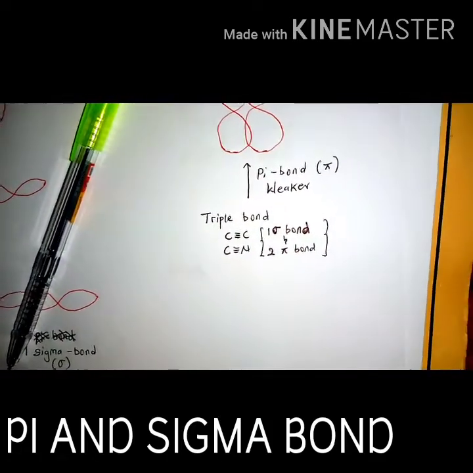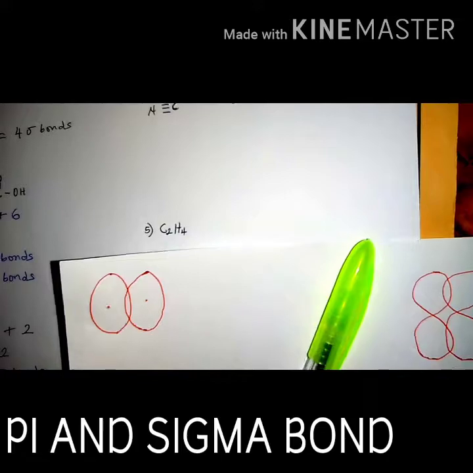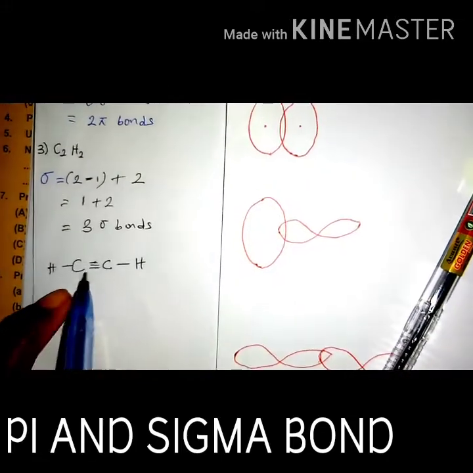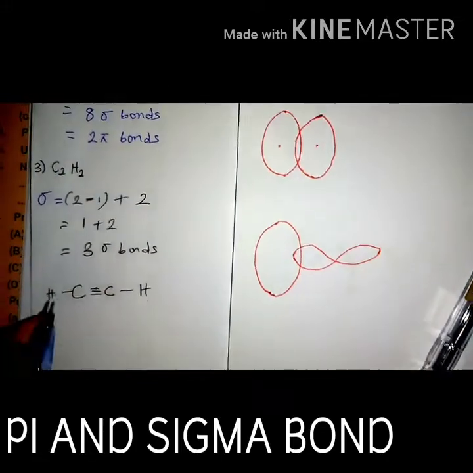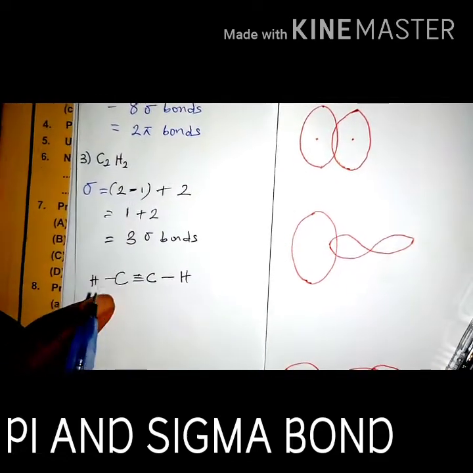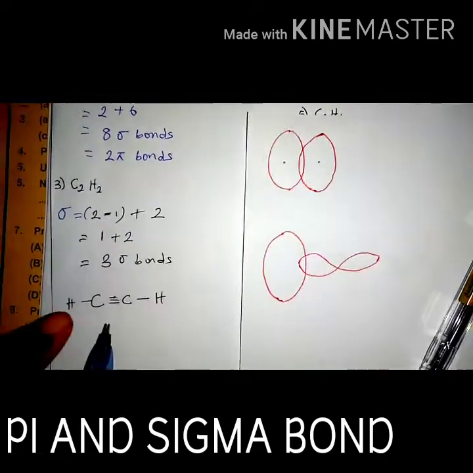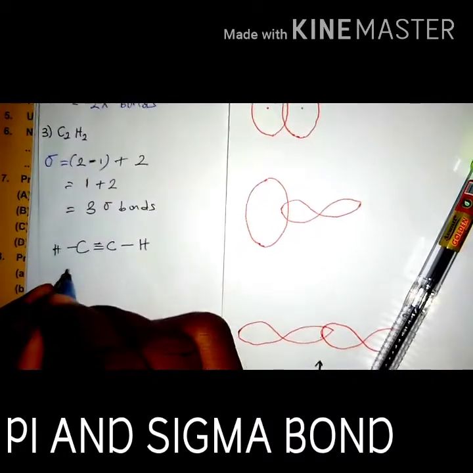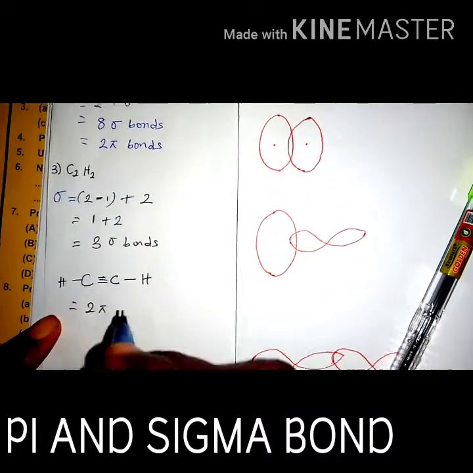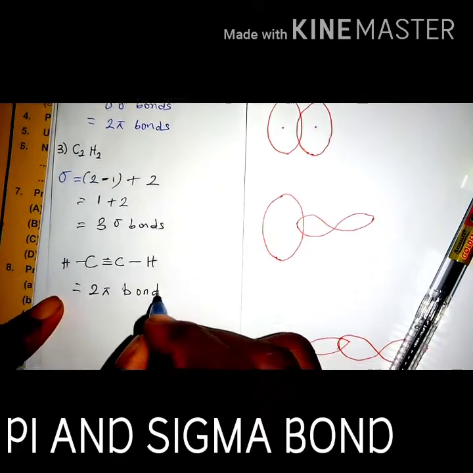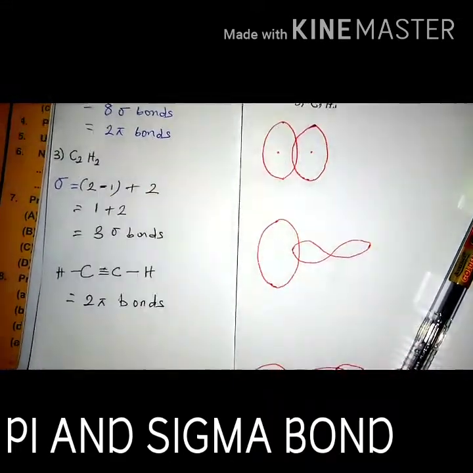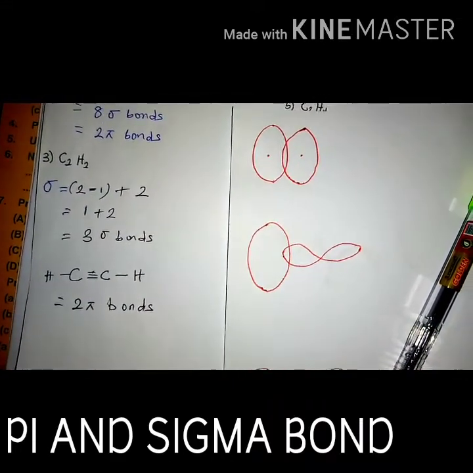Pi bond, 2 pi bonds. So bring your mind back to this place. In between these 2 carbon atoms, I have 3 bonds. So one of them should be a sigma, then the other 2 should be a pi. So I have 2 pi bonds. Yeah. So you can see this formula is quite effective.